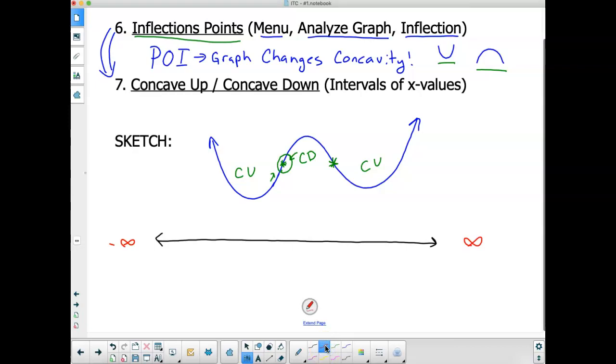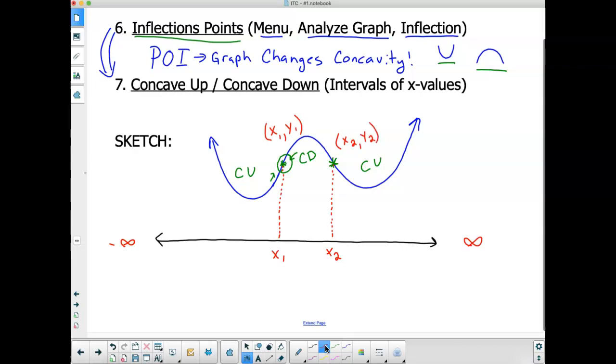So from there, we're just going to take this point of inflection straight down and we're going to say that's x sub 1. Understanding the point of inflection is actually x sub 1 comma y sub 1. Here's another point of inflection. So I'm going to call this x sub 2, and its actual location would be x sub 2 comma y sub 2.